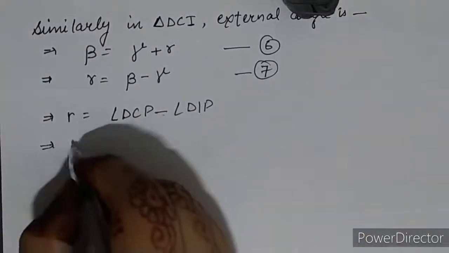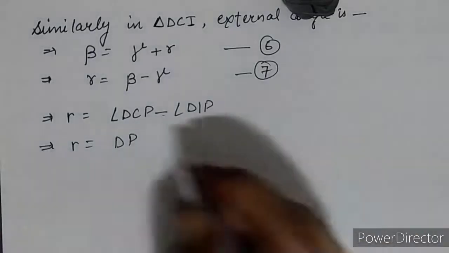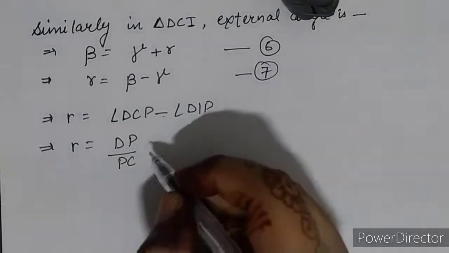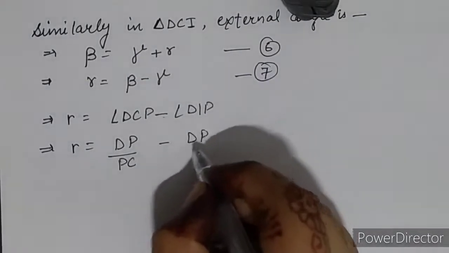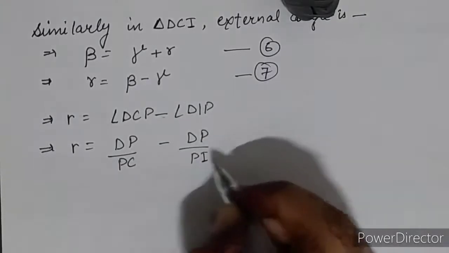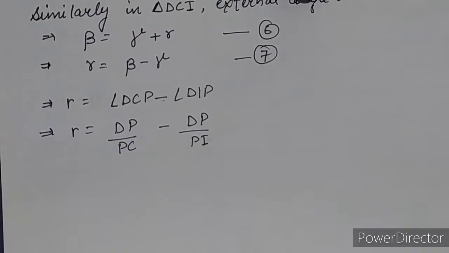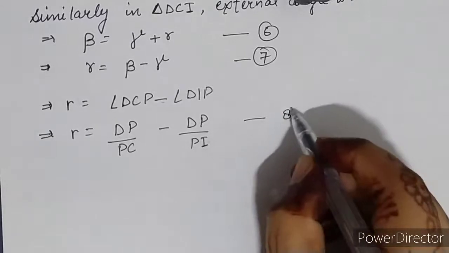I am directly writing the value: it will be DP upon PC minus DP upon PI. Now this is equation number 8.